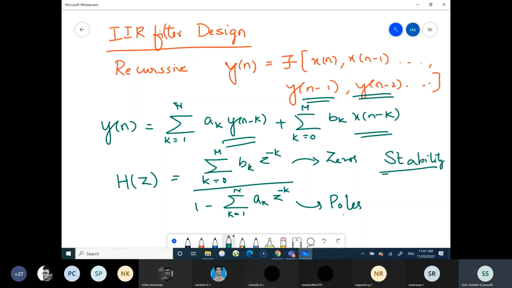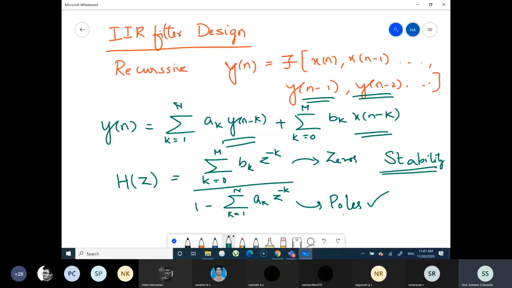So we'll have to look at the location of the poles in the transfer function. If all the poles lie within the unit circle in the Z plane, only then is the system going to be stable. This condition we have learned before in signals. Therefore, depending on the location of the poles, the system could be stable or it could be unstable also.